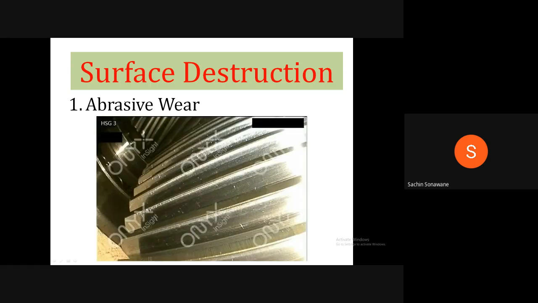Now, surface destruction, abrasive wear. What is abrasive wear? When two gears are in contact with each other, suppose a foreign particle comes in between the two gear teeth. At that time, that foreign particle will scratch the surface of the gear tooth.